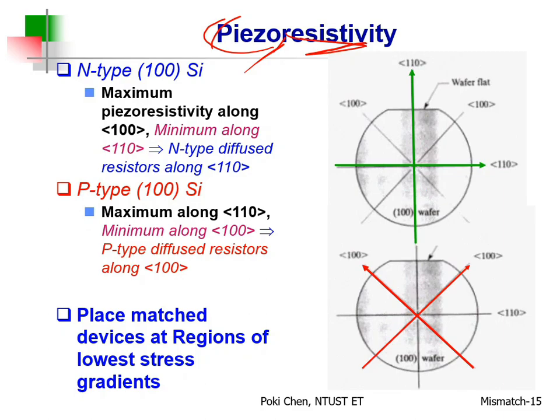So the stress in this direction or in that direction, I don't care. Again, silicon is not isotropic. So you can see for N-type, for such kind of piezoresistivity, 压阻, it means the resistance will be changed by the stress or by the voltage as you like, okay?